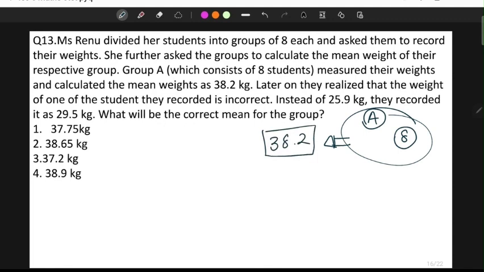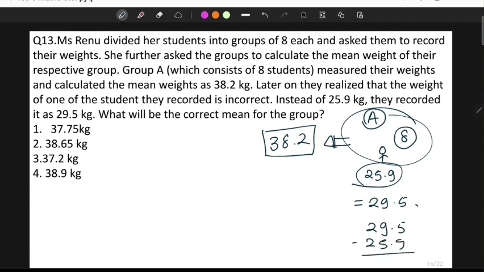Out of those 8 students, one student's original weight was 25.9, but instead of 25.9 they recorded 29.5. So there is an error of how much weight? 29.5 minus 25.9 gives an error of almost 3.5 kg.